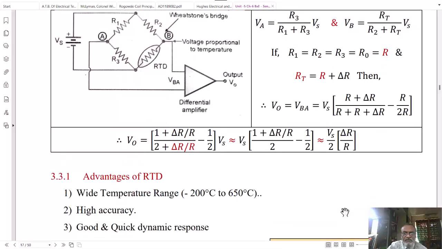So this way, we have converted the change in resistance due to temperature in the RTD to a proportional change in output voltage, which is amplified further by the amplifier circuit with gain AV, and the output voltage VO is available. This output can be further given to the processing circuit or display circuit to display the temperature.